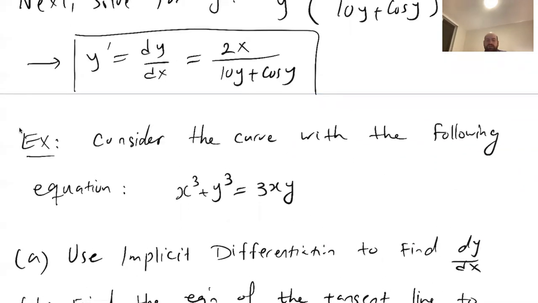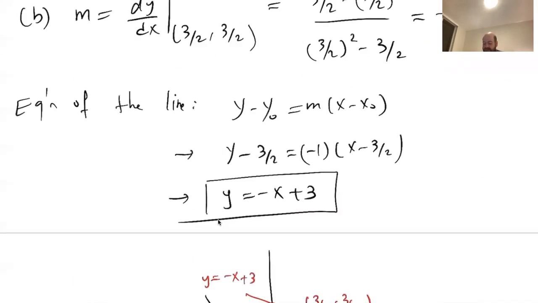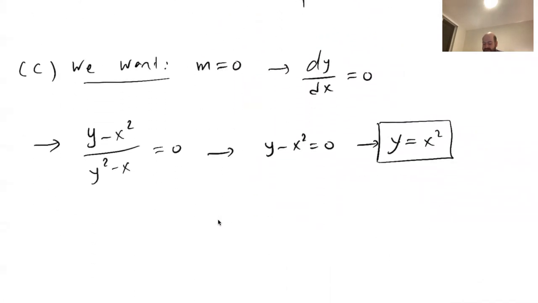So the point x and y that we are looking for, that is supposed to have a horizontal tangent line, must satisfy this equation because it's supposed to be on the curve. And in addition to this, it must satisfy this equation in order to have a horizontal tangent line at that point.